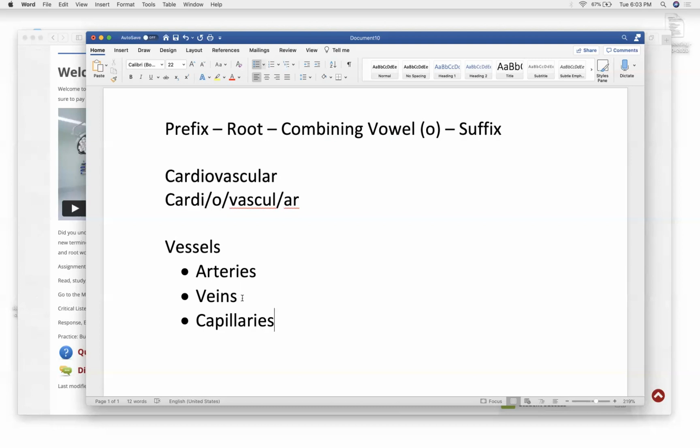So the veins represent blood vessels or tubing or vasculature. Let me write that. Veins typically run towards your heart, and they're typically deoxygenated, meaning de is a prefix that means no or not. It doesn't have a lot of oxygen.